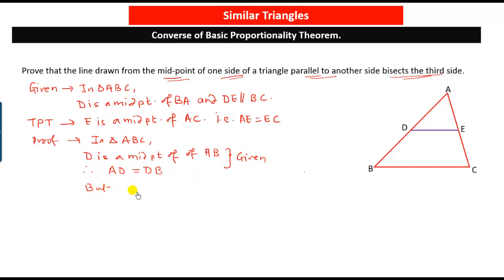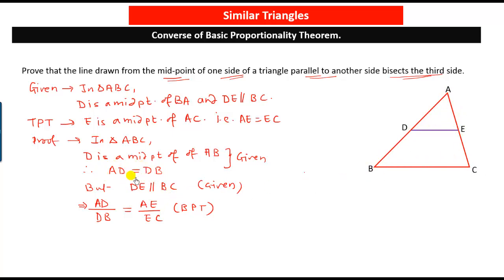But DE is parallel to BC, this is also given, and therefore AD upon DB is equal to AE upon EC by the basic proportionality theorem. DE is parallel to BC, and therefore AD upon DB is equal to AE upon EC. This is the basic proportionality theorem.